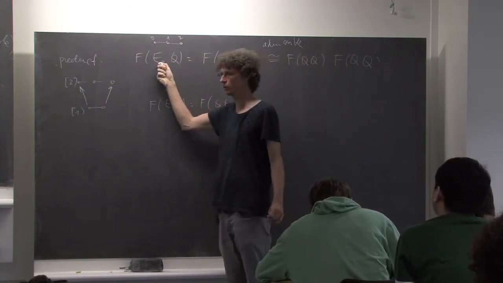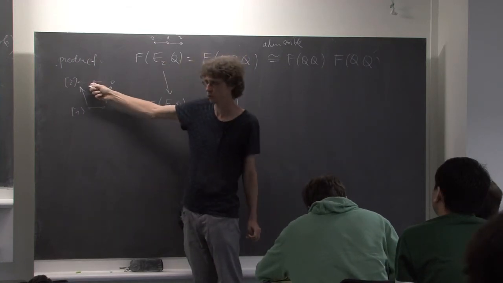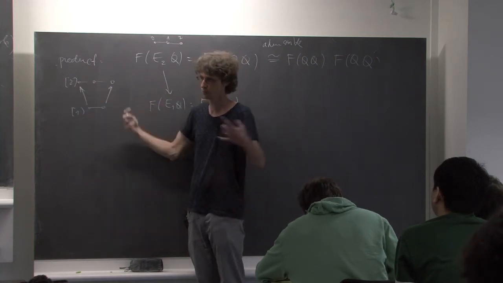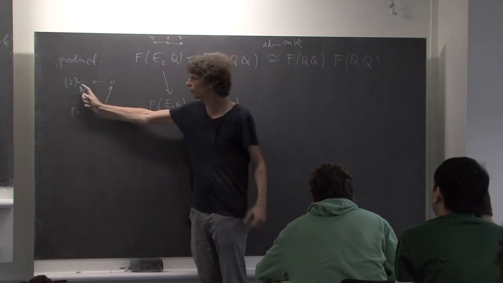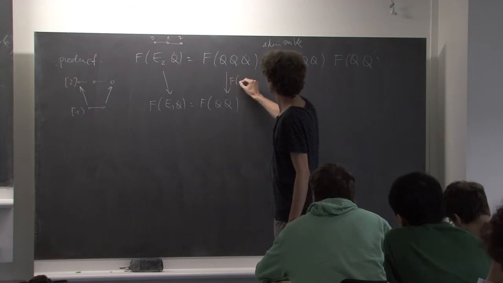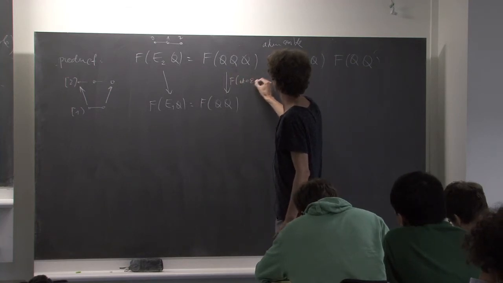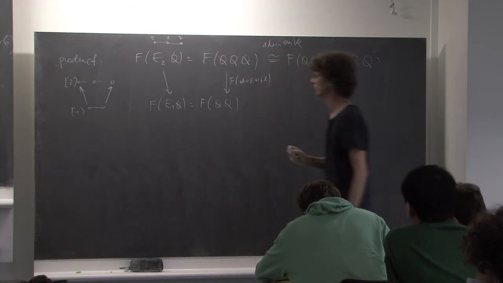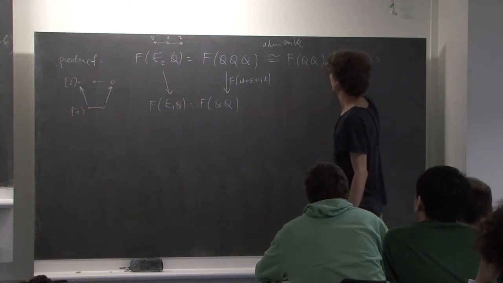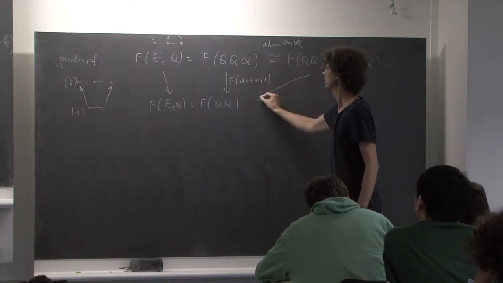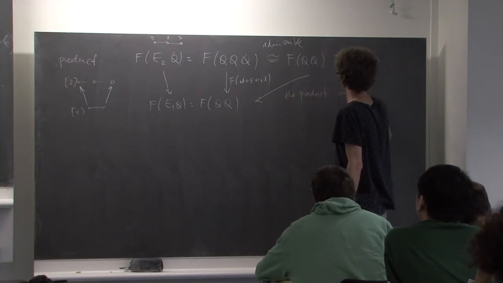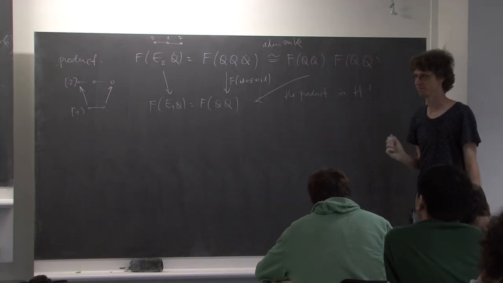So what do we do with E? Do you remember, if there is somebody who's not connected with anybody, we need to kill it with epsilon. Everybody who's connected just stays. Possibly if it's connected with several things, we apply coproduct. So the map coming this way is like F of identity tensor epsilon tensor identity. That's it. And it's cool because now this is isomorphic. We have a map. That's the product in H. There we are.